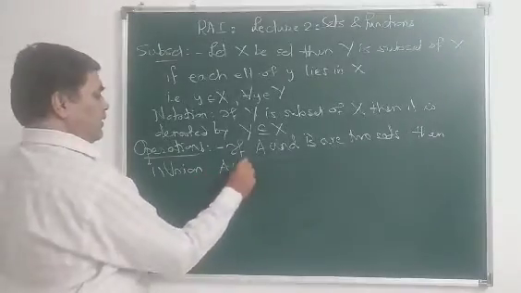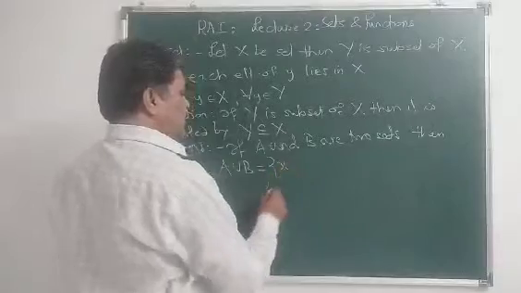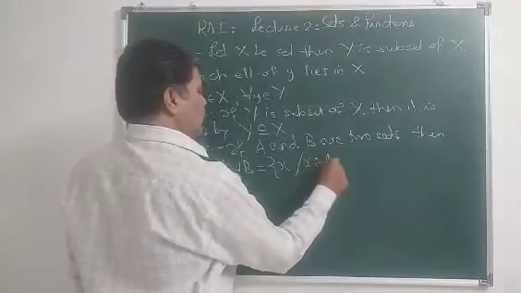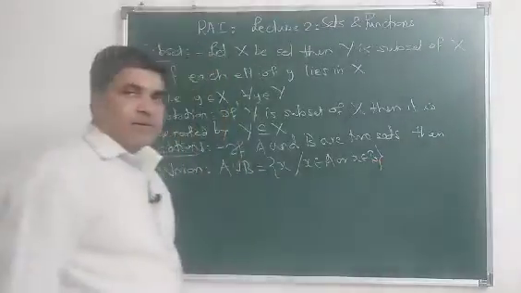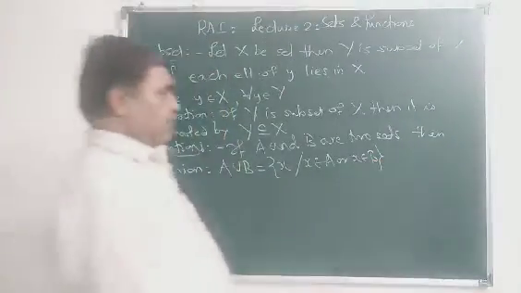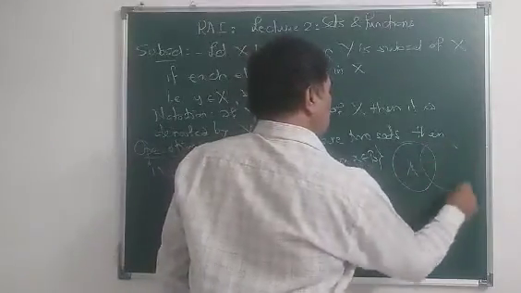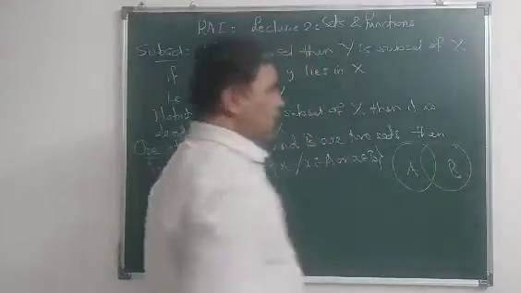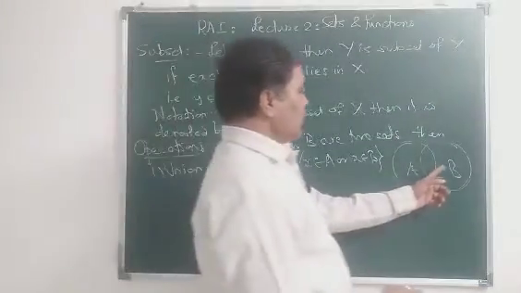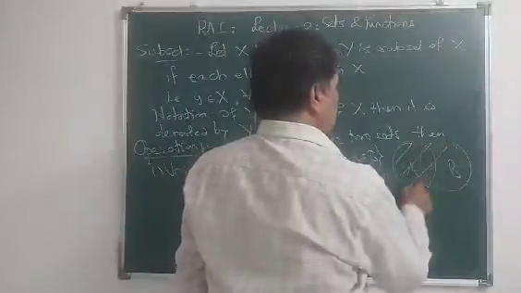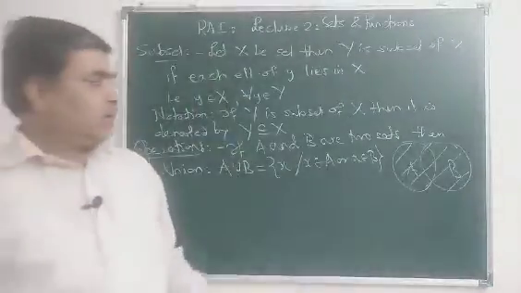A union B is the set of those elements x such that x belongs to A or x belongs to B. By using the Venn diagram, if I have some set A and some set B, then in union we take elements of A as well as elements from B. So this complete shaded portion denotes A union B.